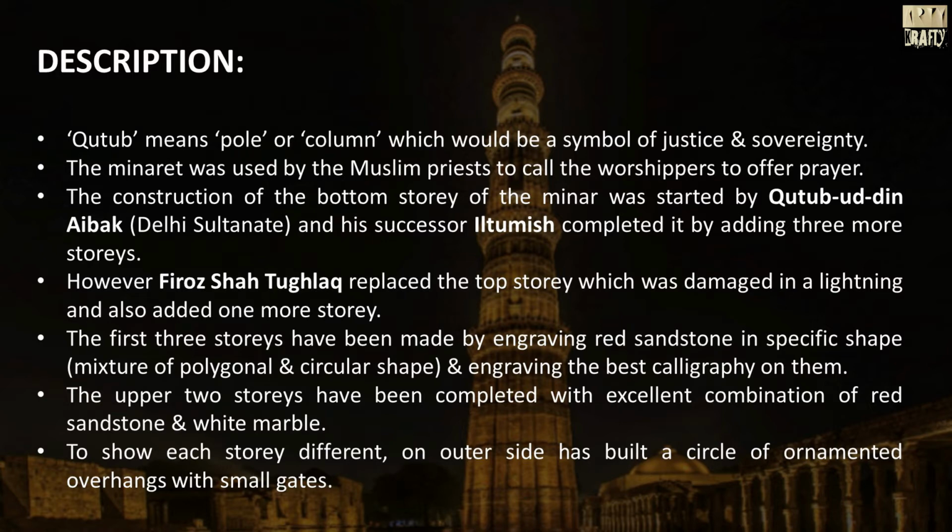The first 3 stories have been made by engraving red sandstone in specific shape, a mixture of polygonal and circular shape, and engraving the best calligraphy on them. The upper 2 stories have been completed with an excellent combination of red sandstone and white marble to show each story different. On the outer side has been built a circle of ornamented overhangs with small gates.